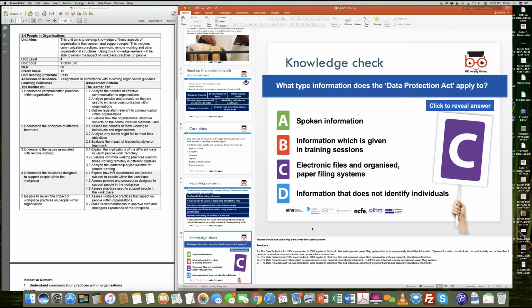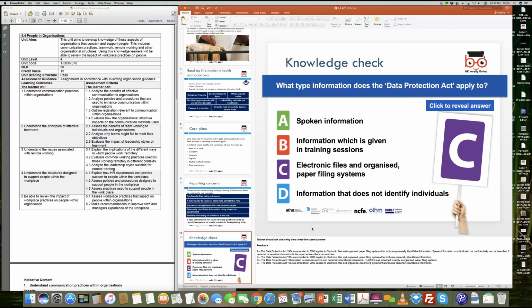Well, it would apply to spoken information, but from a data protection point of view, spoken information would be in cases like a discussion between the patient and the GP, or in a healthcare setting, discussing it with the patient or the person who's receiving the healthcare.